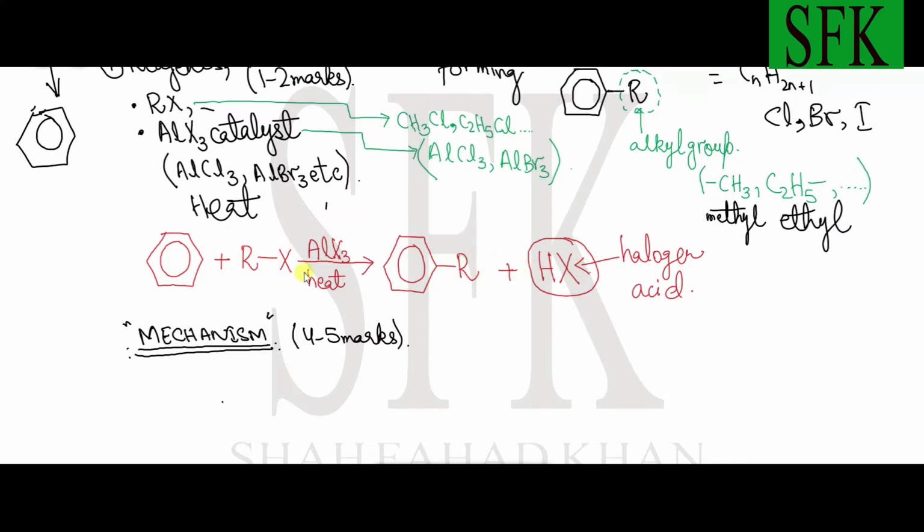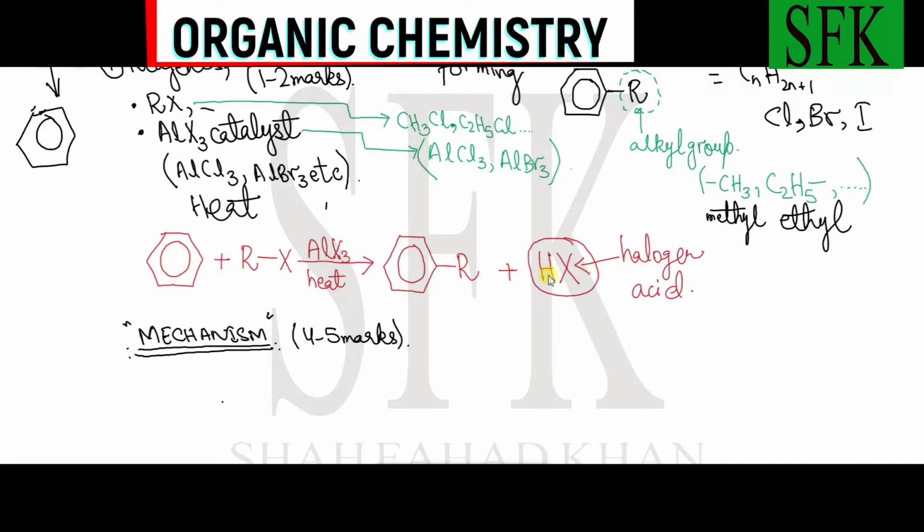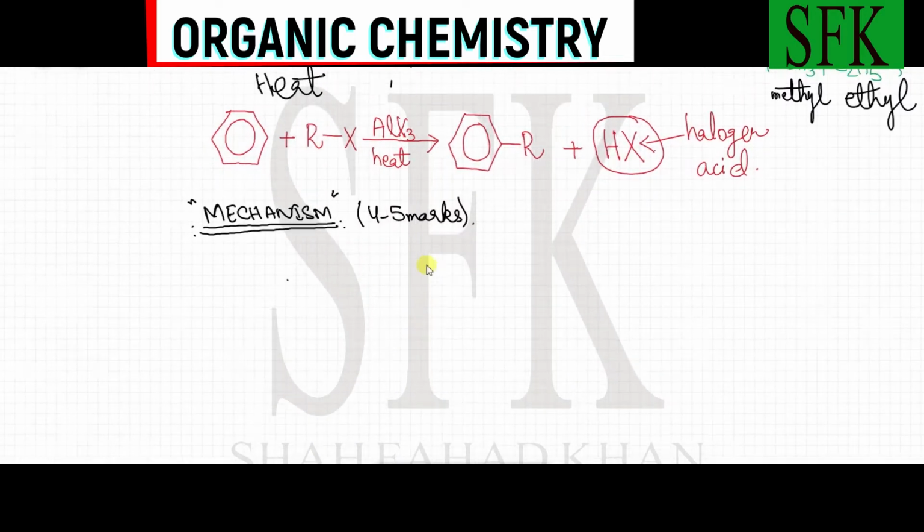The X, the halogen atom, then combines with the hydrogen atom removed from the benzene ring by the R group, forming the halogen acid as a byproduct. So this is a general equation for all Friedel-Crafts alkylation reactions.